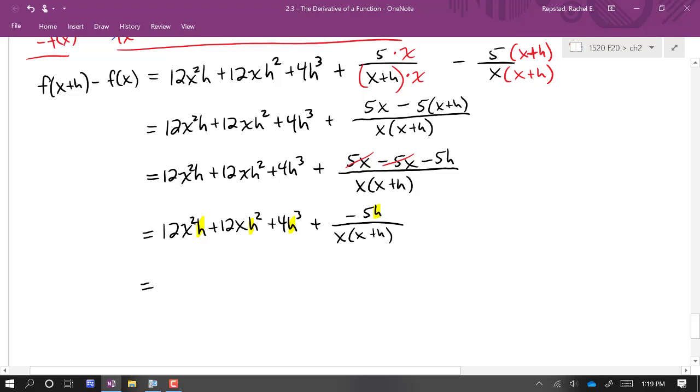At least for me, it will help organize and streamline the rest of this problem. So I'm going to take out the h. Now what we have is 12x squared plus 12xh plus 4h squared. Instead of doing plus and minus, I'll just call that minus 5 over x times x plus h.